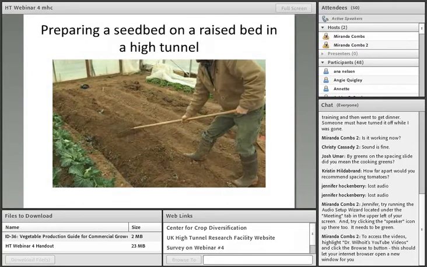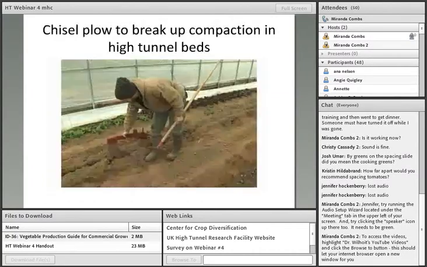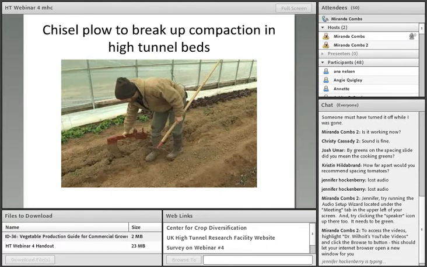So he's preparing a seed bed, flattening it out, and preparing it for seeding into.